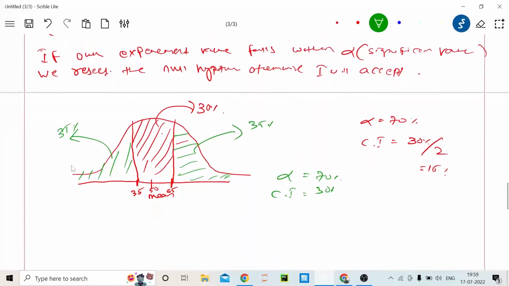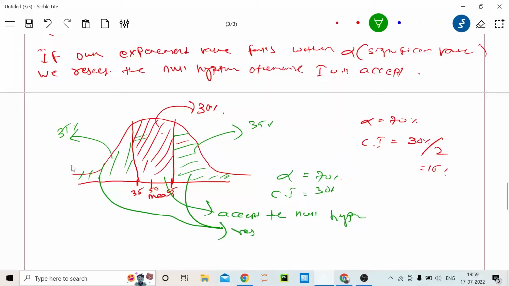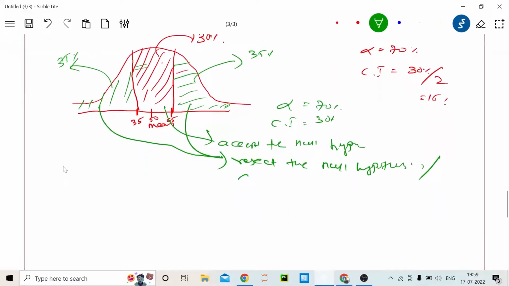If after conducting the experiment our value comes inside the confidence interval, then I can accept the null hypothesis. If our value is falling in either of these outer areas, I reject the null hypothesis. Rejecting the null hypothesis is equal to accepting the alternative hypothesis.